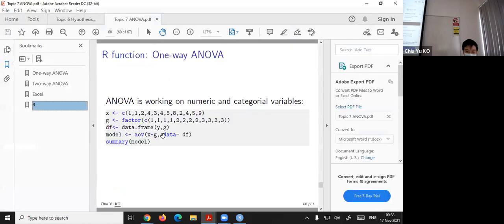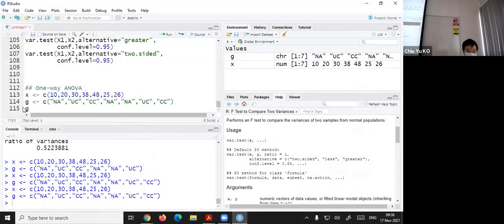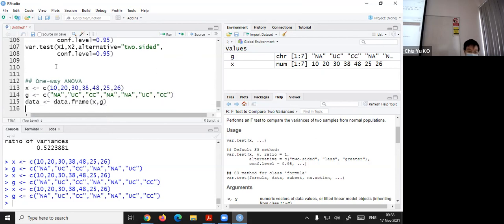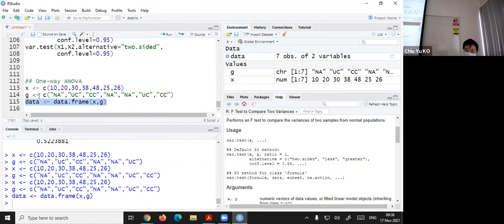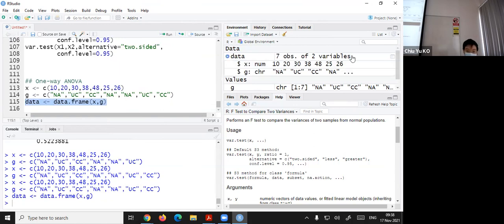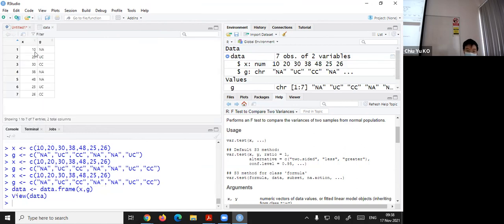Let's try if we can just do Anova like this. We call the data data.frame, with X and G. So we create a spreadsheet. Remember what we do: we have to create a spreadsheet here. So this is the data we have.